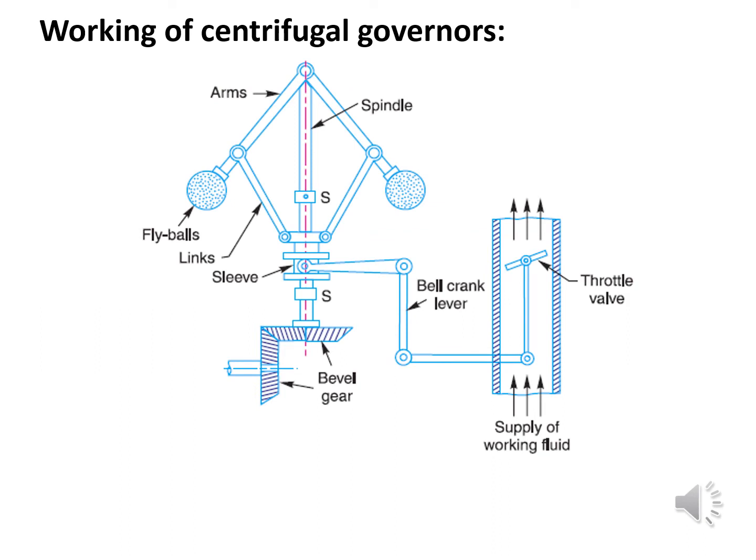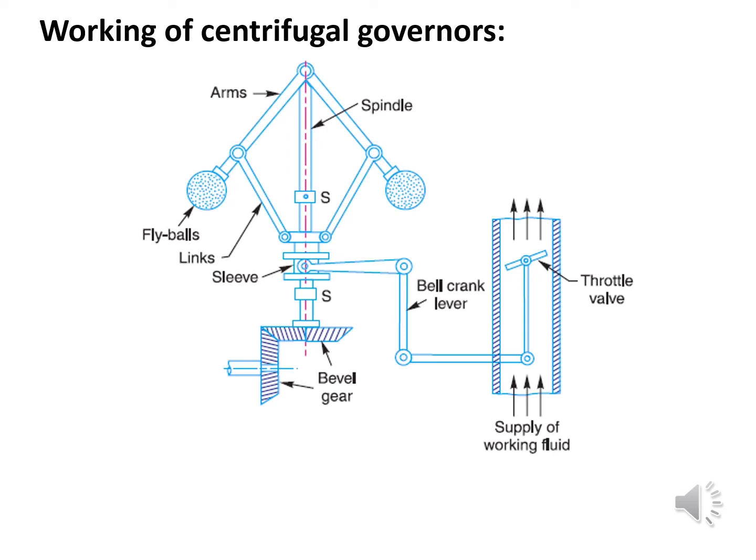The working of centrifugal governors can be understood with this diagram. In this diagram, we can see the different parts of the governor. It consists of two balls of equal mass which are attached to the arms as shown in this figure. The balls are known as governor balls or fly balls.